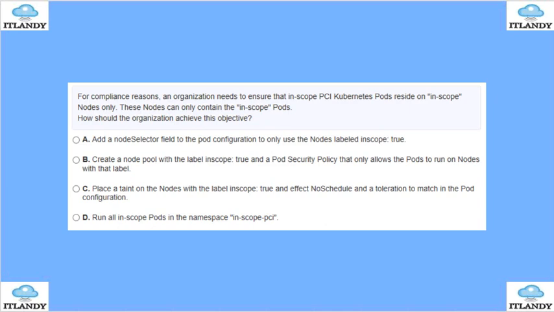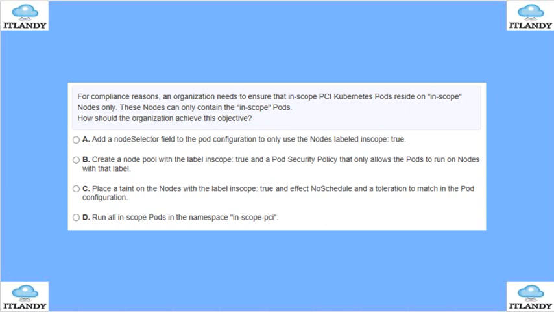Adding a node selector field to the pod configuration to use node label in-scope equals true. Create a node pool with the label in-scope and assign the true via policy. Or place a taint on the node with the label in-scope equals true and effect NoSchedule, and a toleration to match the pod configuration.